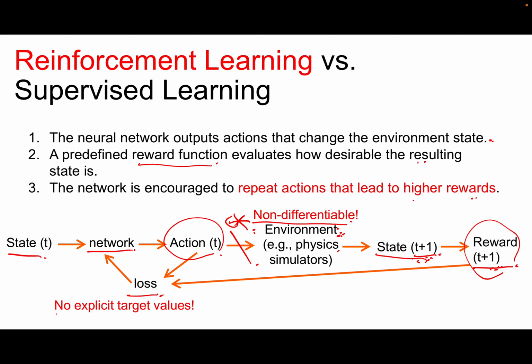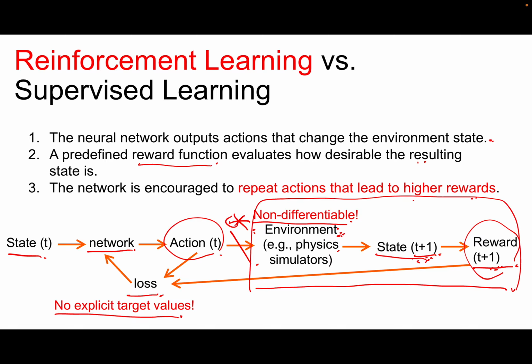And here, another thing is that there's no explicit target value. Usually in supervised learning, we do not need this one. We just simply supervise the output of the neural network with the explicit target in the data set.